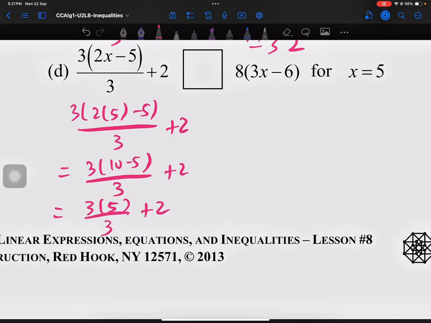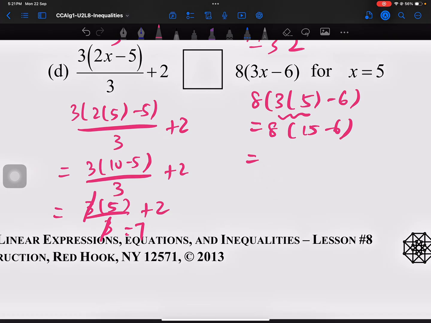You can divide 3 with 3, and then it is 5 plus 2. It is 7. And then 8 times (3 times 5 minus 6). Solve the bracket first. So 8 times (15 minus 6). 15 minus 6 is 9. So it is 72. So we have 7 for this, 72 for this. So 7 will be less than 72.